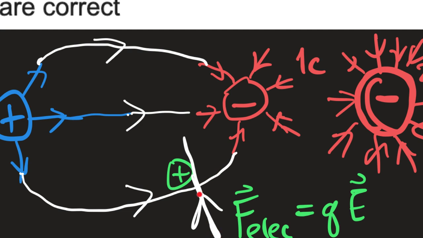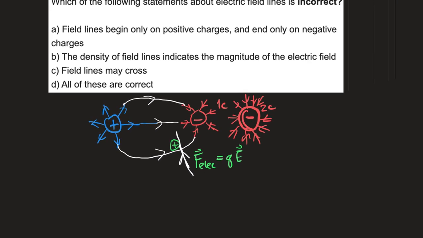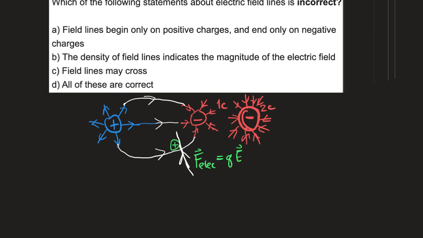This field line is saying that charge should move up, and the charge would have no idea where to go. It needs to know where to go. You can't have that. The force has to be well defined for any charge, so they cannot cross. So the answer for this one is indeed that C here is incorrect. A and B are correct.